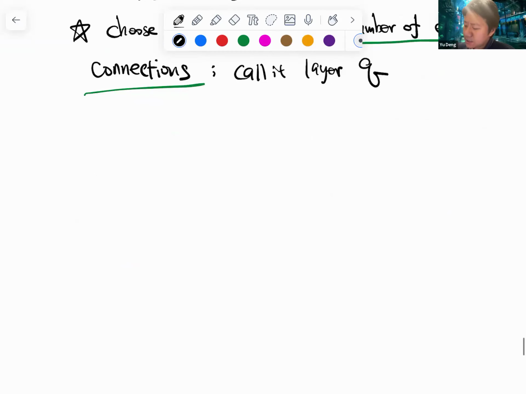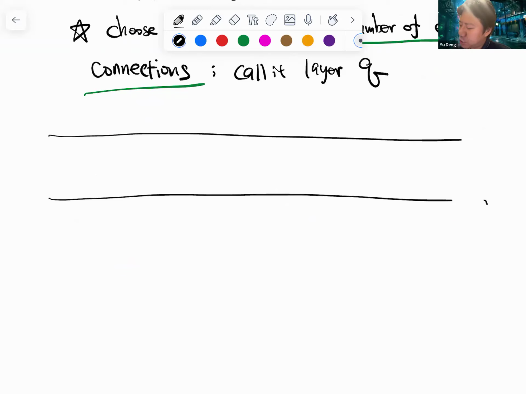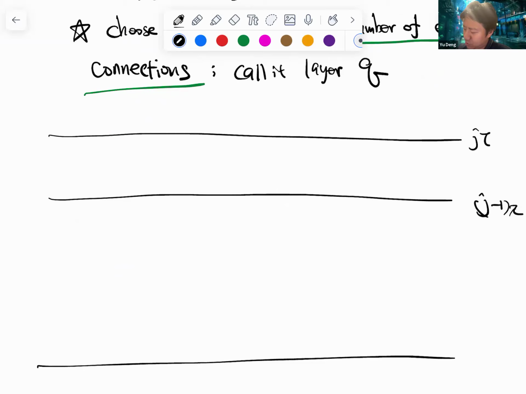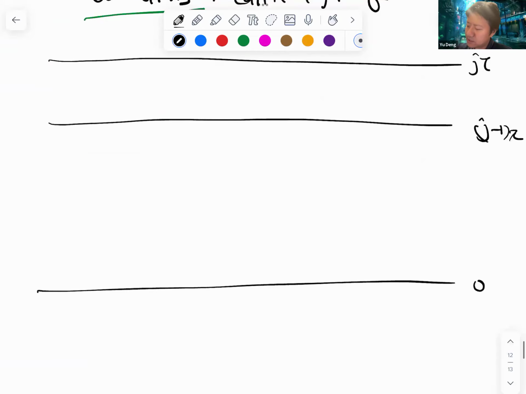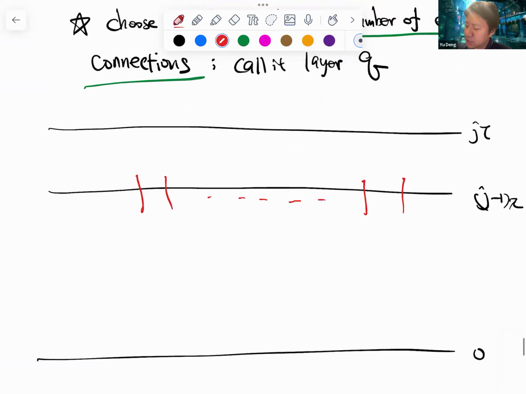So the picture here: if we draw it this way, we have J minus 1 tau, let's say J tau, and we have 0. The picture is that we have these Sj particles here. So this is Sj, if you want.